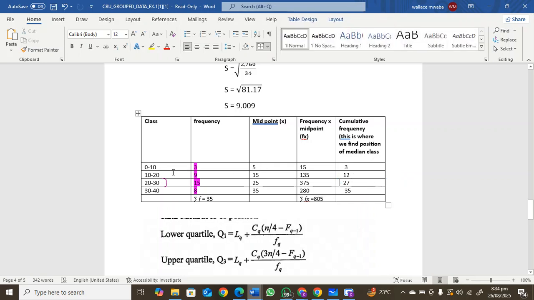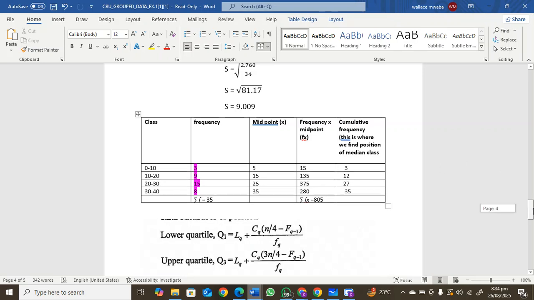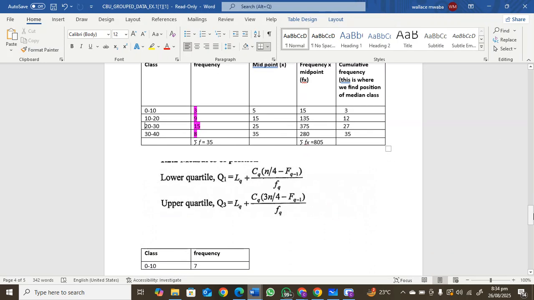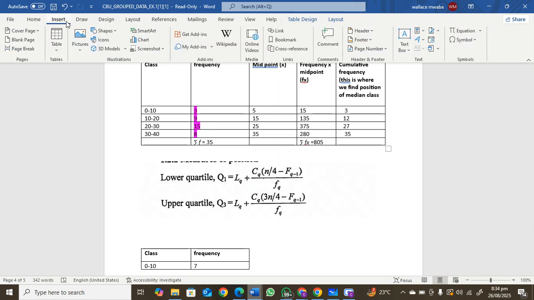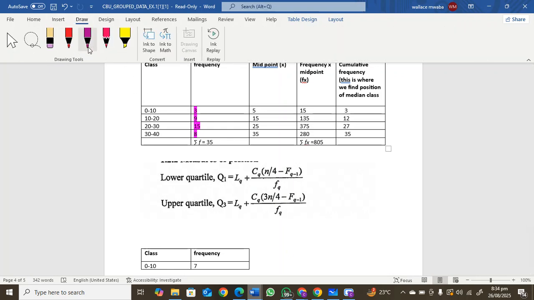Just like the median, with these quartiles, you need to first find the position. We'll start with the lower quartile. We need to find the position of the lower quartile class. Maybe before that, let me tell you what these letters mean. LQ is the lower limit of the quartile class.